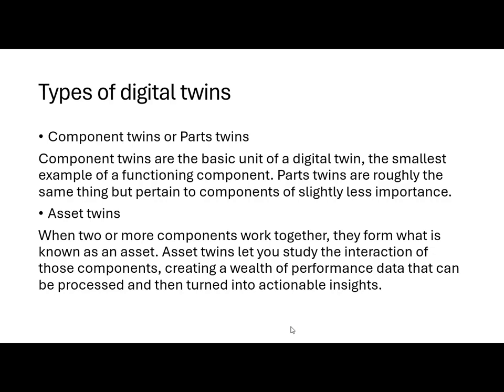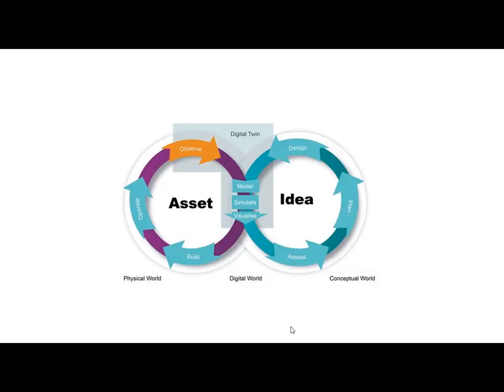Asset twins, which is the second type: when two or more components work together, they form what is known as an asset. Asset twins let you study the interaction of those components, create a wealth of performance data that can be processed and then turned into actionable insights.